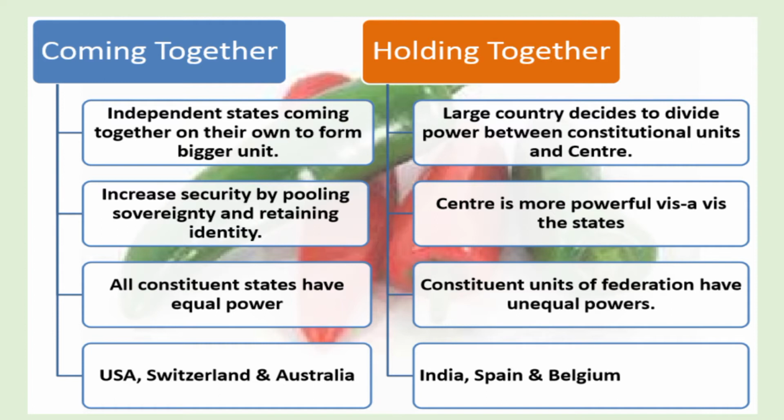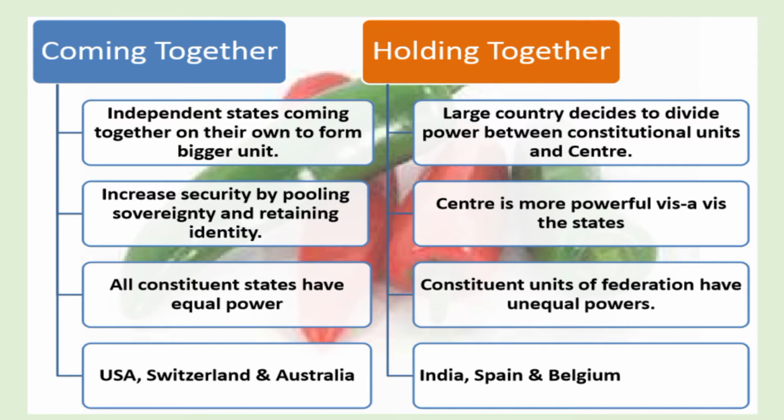They increase security, pool the sovereignty and retain identity. Pool is gather, sovereignty is supreme independent power. All constituent states have equal power. Everybody is equal. USA, U for USA, S for Switzerland, A for Australia. You can remember it very easily.